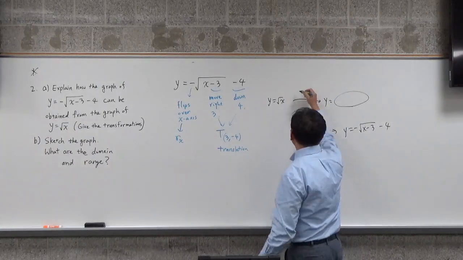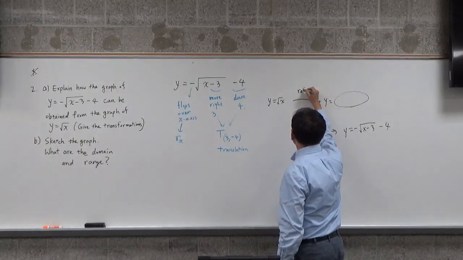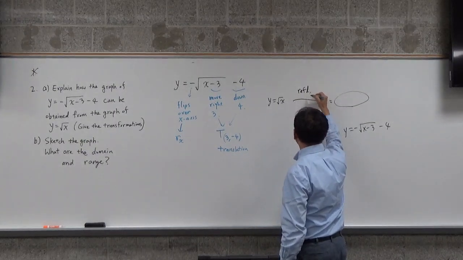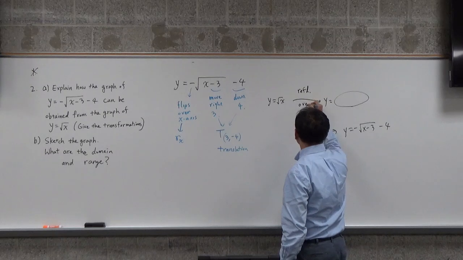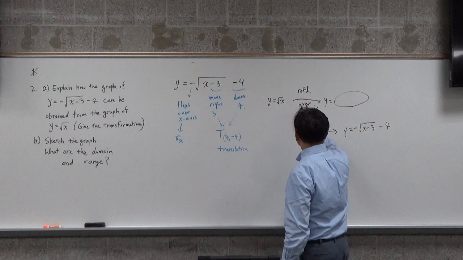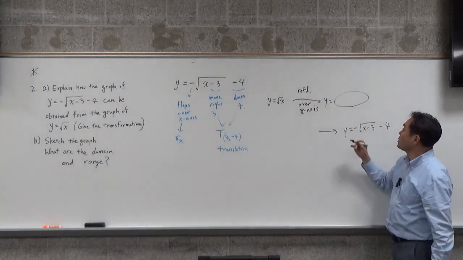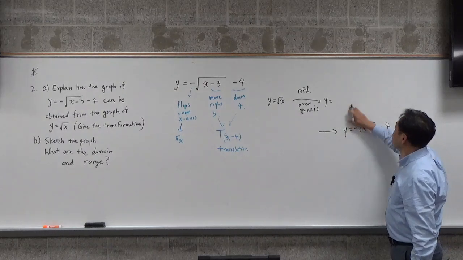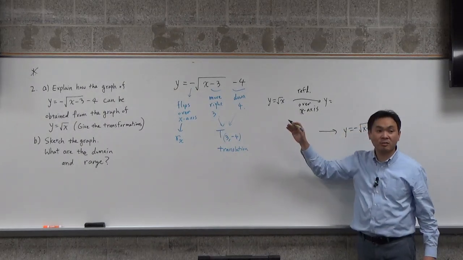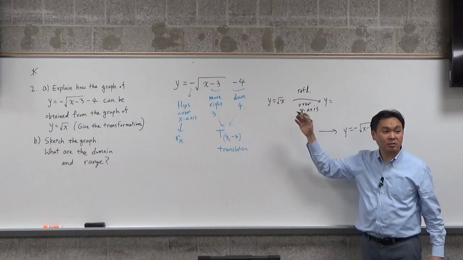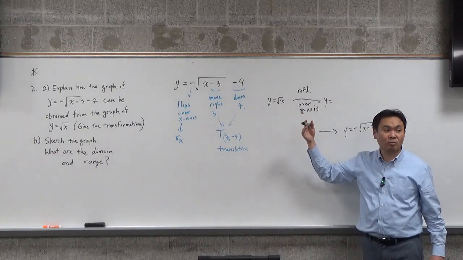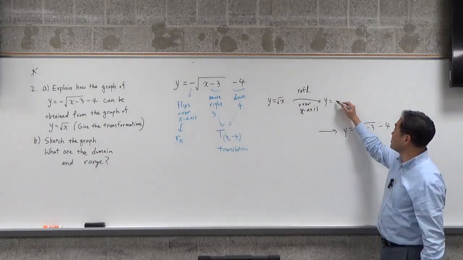So if I reflect over the x-axis, let me see, reflect over the x-axis, then what happens to the equation? You put an overall minus sign, right?